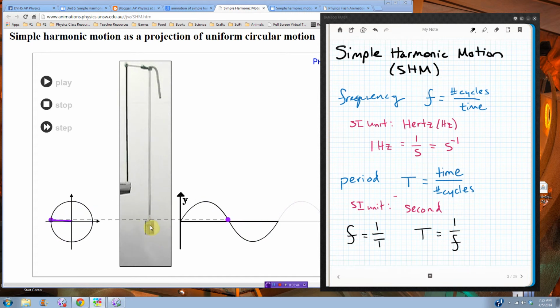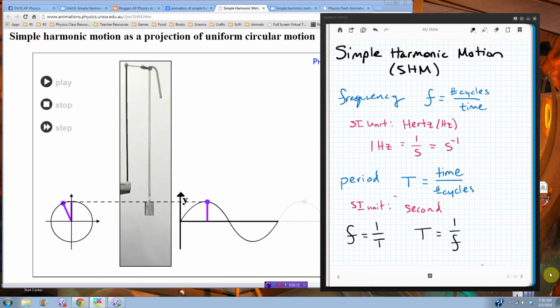If we were to graph this object's displacement from the origin in time, you would get this, which is a beautiful sine function. Whenever you can graph something's motion as a sine function, we call it simple harmonic motion. And when you can do that, there's all kinds of interesting math that you can do.